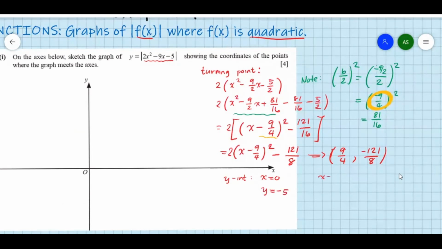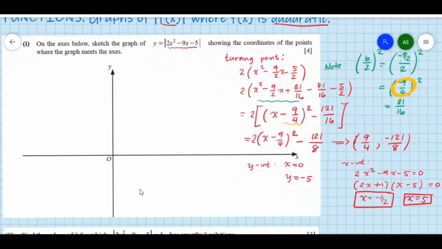And for the x-intercept, we have to let y equal 0, so that means 2x squared minus 9x minus 5 is 0, and that will give us 2x plus 1 bracket x minus 5. This is the factored form, so therefore your x values are negative 1 over 2 and positive 5. Now that we have all the information, we can finally graph your quadratic function.